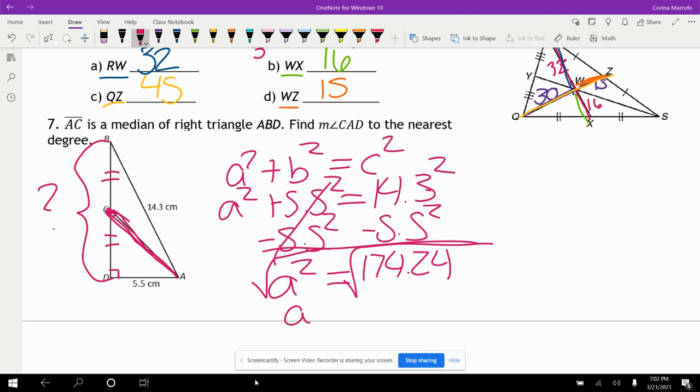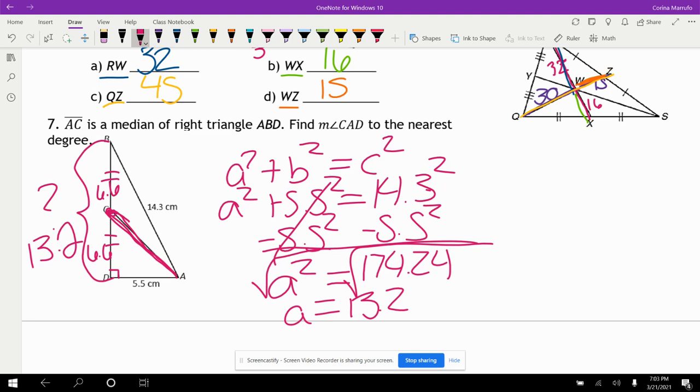Enter, that gives me 13.2. Okay, so that means this whole side here we now know is 13.2. If we divide that by 2, that gives us 6.6. So that means this is 6.6 and this is 6.6.